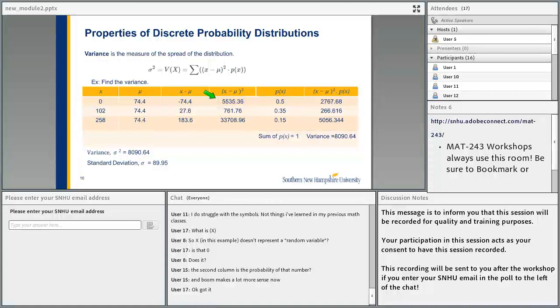You can see the values are really becoming large. And here is the probability, again from the previous slide. I have the same probability values here. And in my last column, I am multiplying the previous two columns, x minus mu squared times p of x.